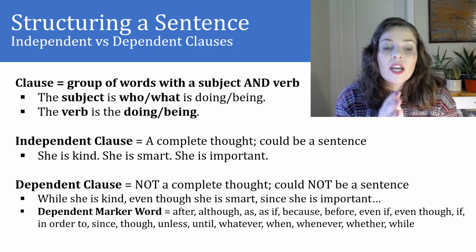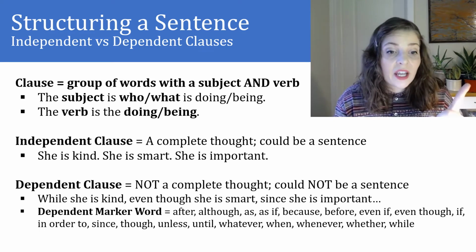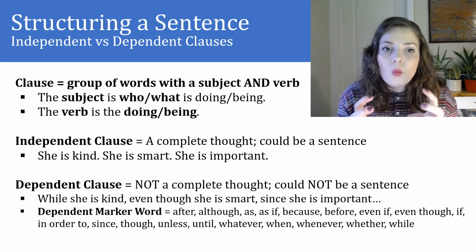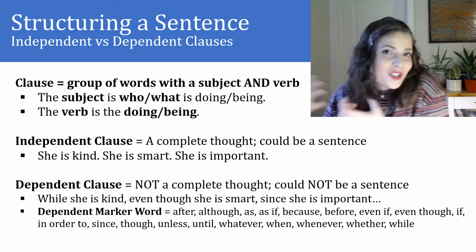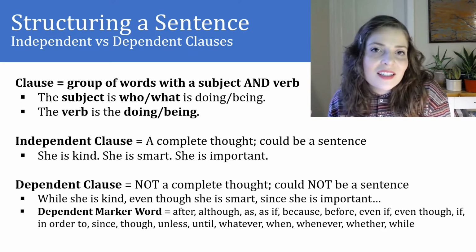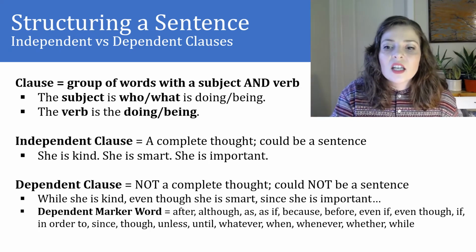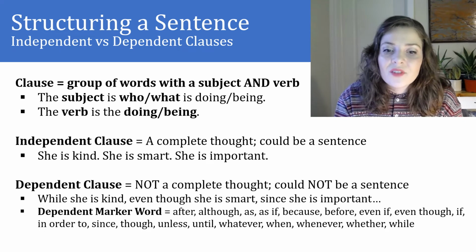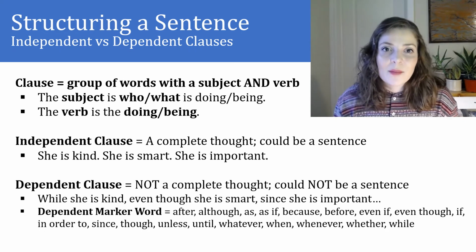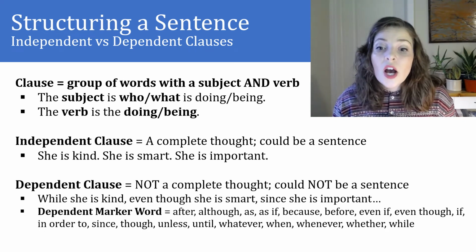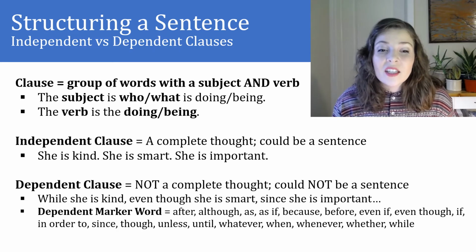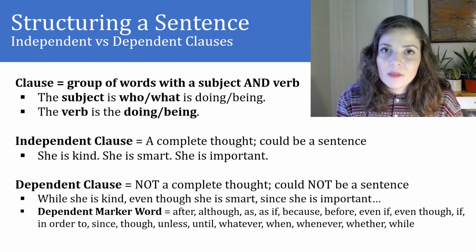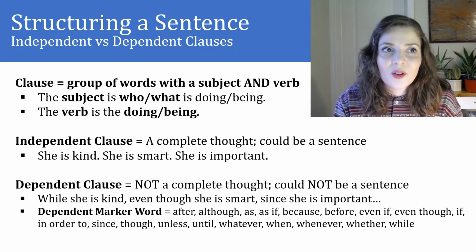So there we have she is still our subject and verb is, but we don't know what is actually happening. We don't have the last part of the sentence that makes it a complete sentence. So in hearing dependent clauses, we can listen for these marker words, which are listed at the bottom, like after and although, before and even though and unless, that cue us up to know that, hey, that can't be a complete sentence on its own.